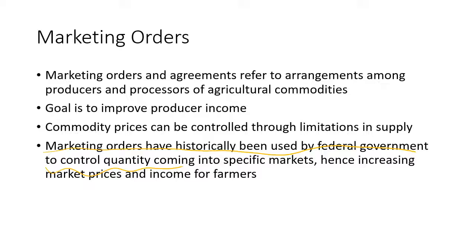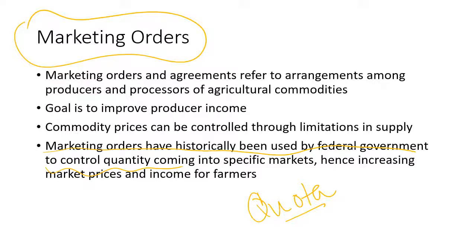This hasn't happened, but it's talked about, putting a quota on the amount of dairy milk coming into the market, because we have a ton of dairy milk in the market, and our prices for that milk get lower and lower, obviously, if supply gets higher and higher. So the government could step in, establish a marketing order, and say that we can only produce so much milk, and that would maintain that milk price.